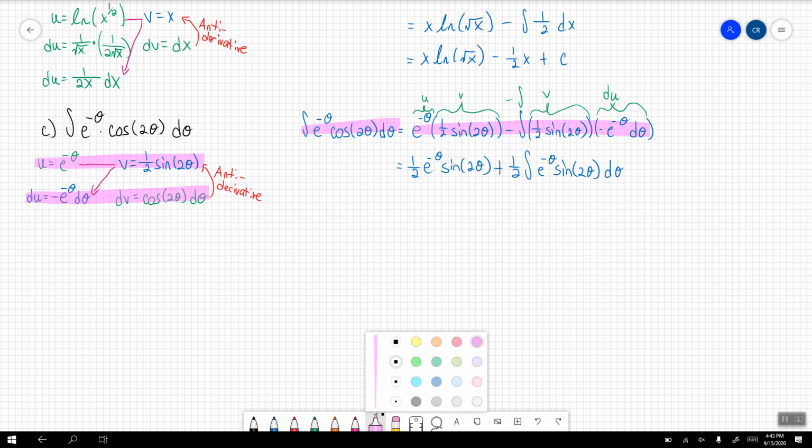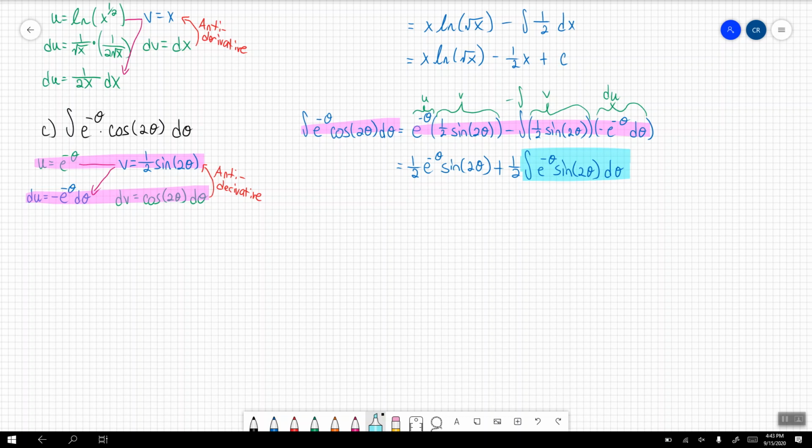Now I am going to be using a different by parts formula, and I'm going to be using that by parts formula for this function here. All right. So let's go with that function there.